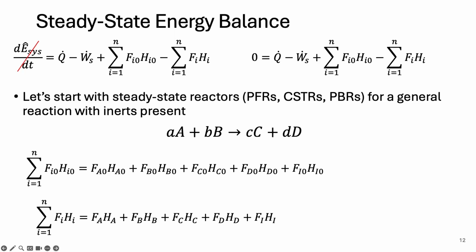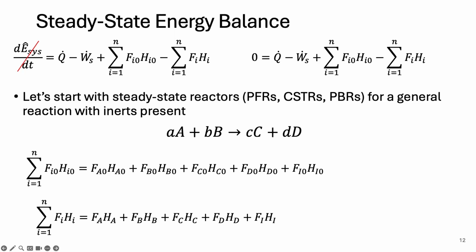And let's consider a case where we have steady state conditions. And then that simplifies by eliminating our accumulation term. In this case, then we will still need to figure out the individual contributions from all of the species entering and exiting our reactor in the inlet and outlet streams.